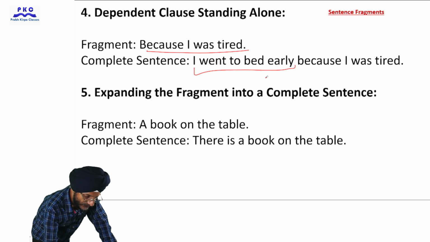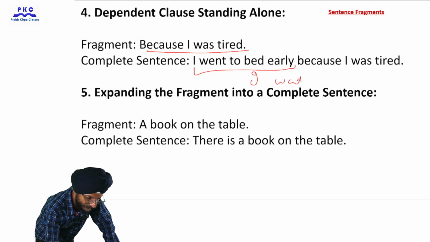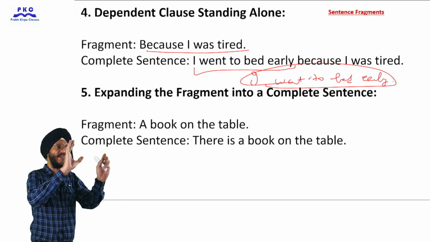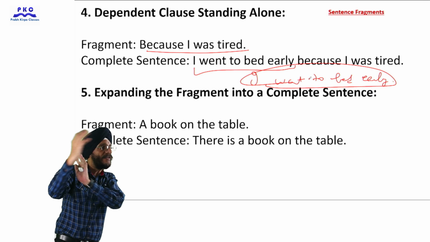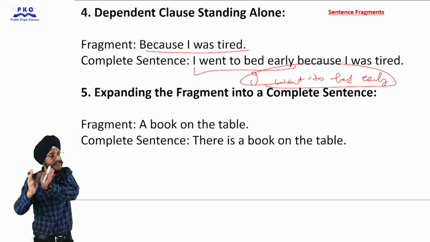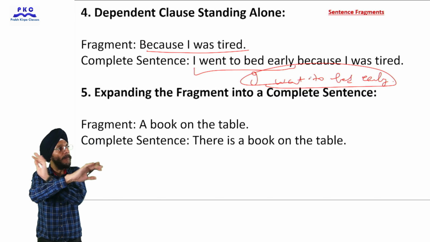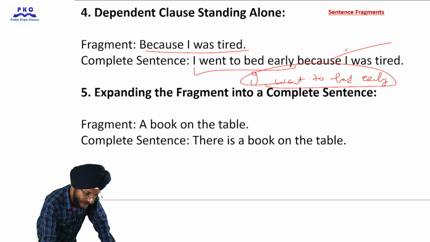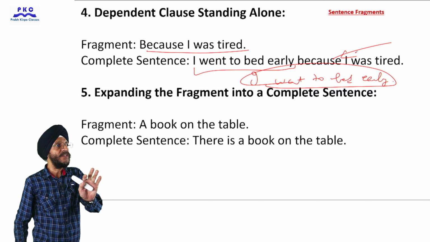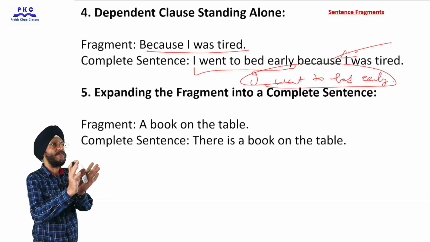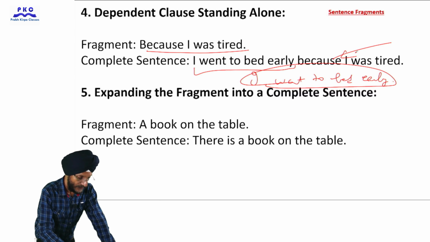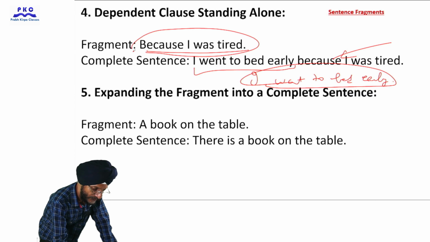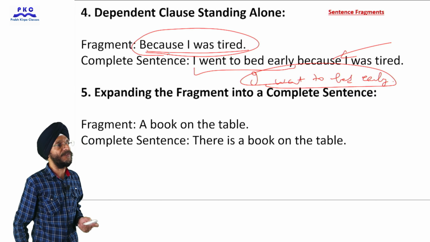If we simply say "I went to bed early" and after that we use a full stop, it is a complete sentence. It does not need any other clause to complete the sentence. And the next portion, "because I was tired," is a dependent clause. If a dependent clause stands alone, it is a sentence fragment.